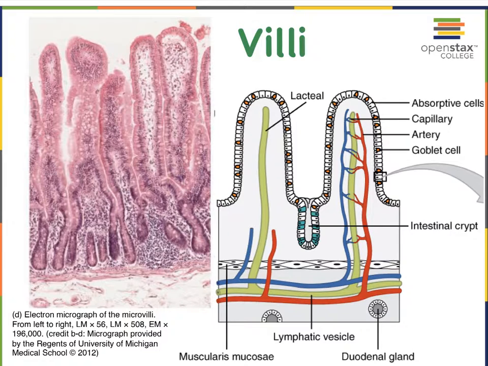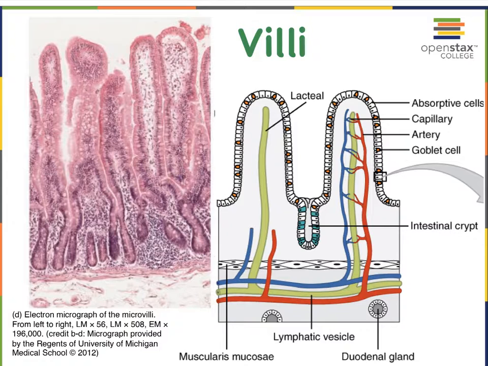The other thing I really need for you to notice is that each one of these villi has within it lots of connective tissue, which is very vascularized. But we also see part of the lymphatic system in each one of these villi called the lacteals. And it's these lacteals that are going to pick up the digested fats and not the capillaries.